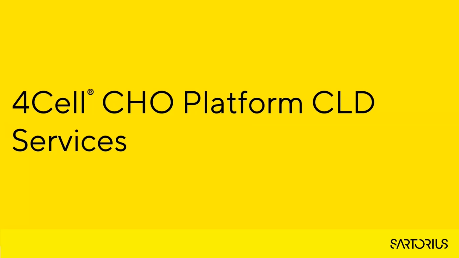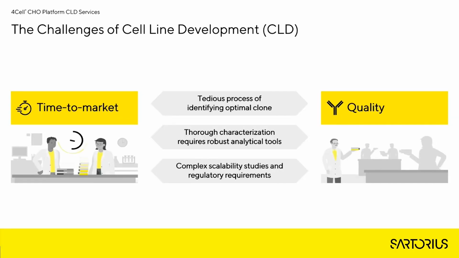So first, the 4-cell CHO platform, CLD services. Cell line development is an integral part of the biopharmaceutical production process. In contrast to chemically synthesized drug molecules, the biopharmaceuticals, such as vaccines, antibodies, and anti-drug conjugates, are manufactured from biological production systems like mammalian cell lines.